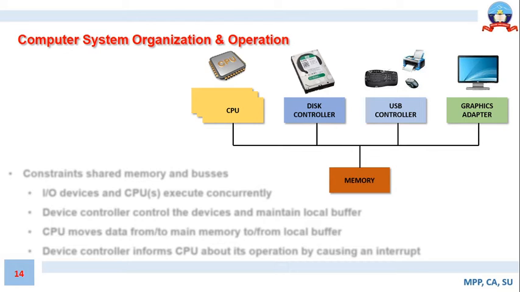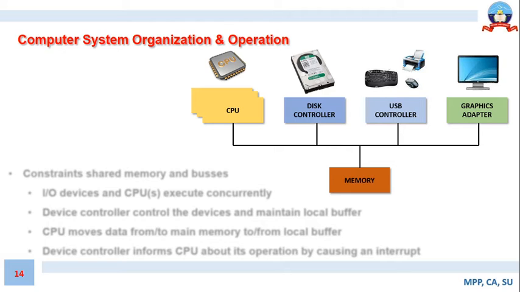These buses are channels used to communicate information to and from the devices. So this is a very simple schematic representation of a computer system, with the central processing unit, the input unit, the output unit, the memory, and the system buses.